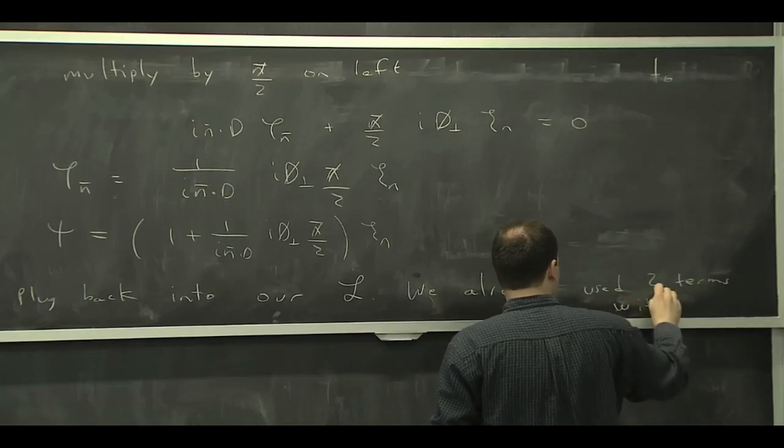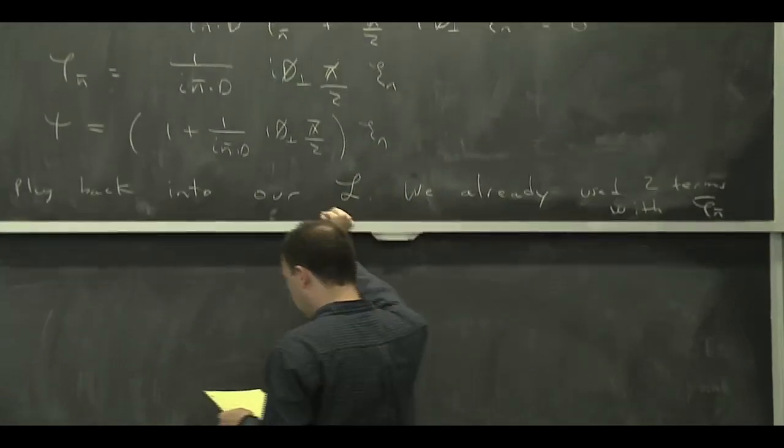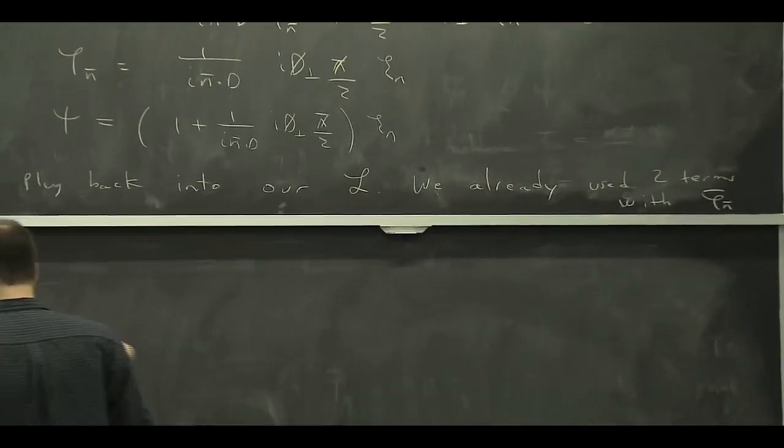So there were two terms in the Lagrangian that had psi and bar, and the remaining two.